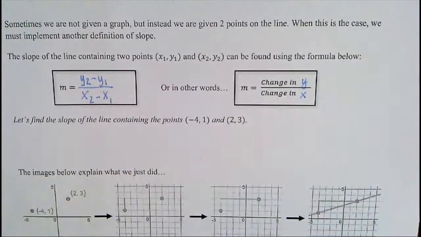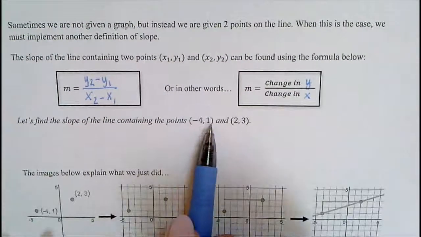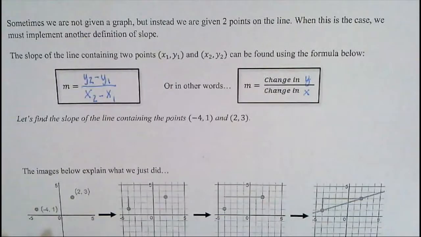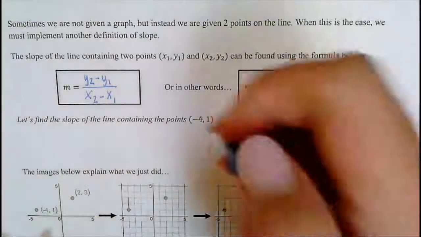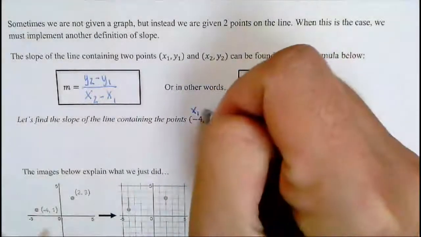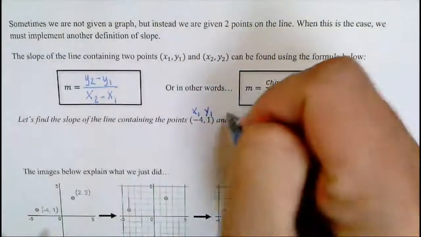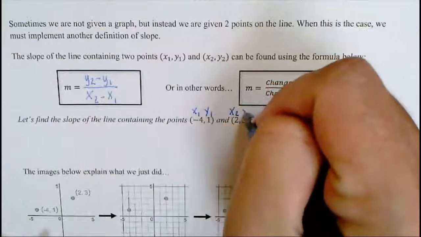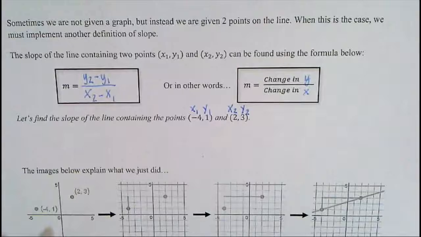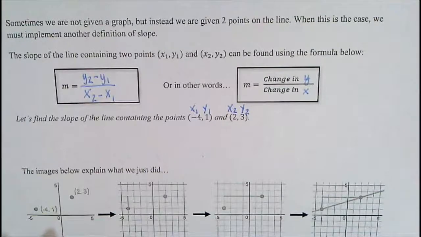Here we go. We've got -4, 1, and 2, 3. What I want you to get in the habit of doing in the beginning is labeling it. This is my first coordinate point, so that's x1, y1. My second coordinate point is x2, y2. At that point, we put it into the formula we just wrote.